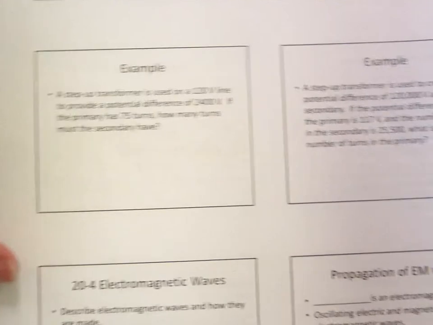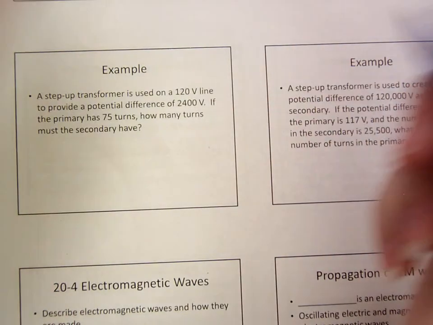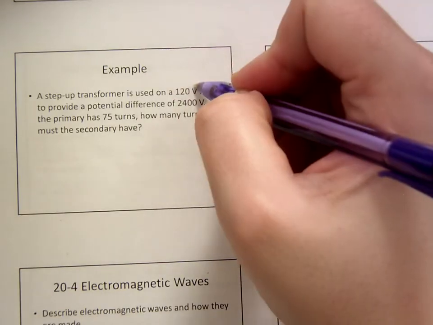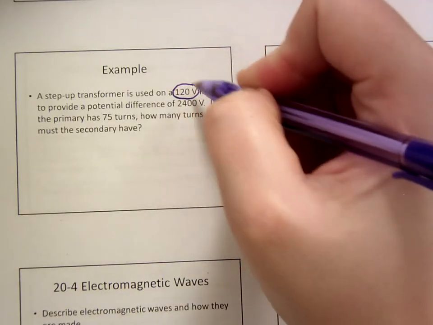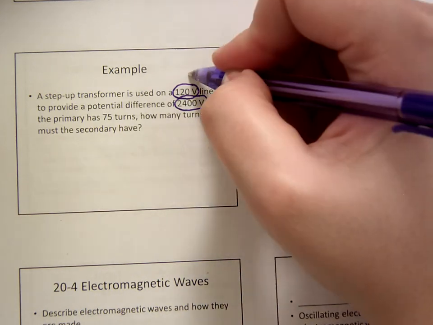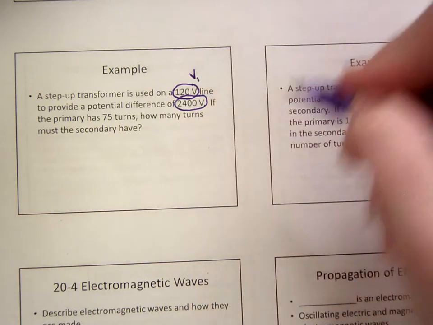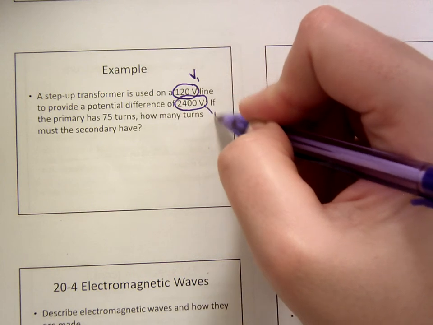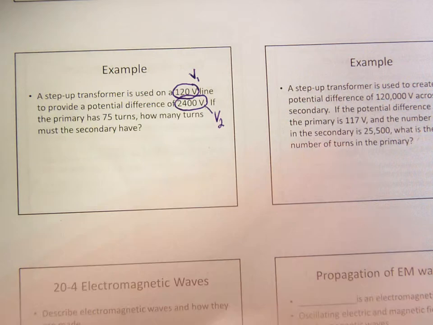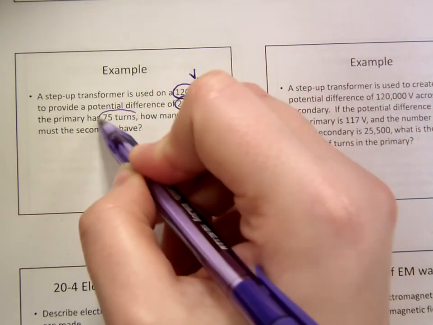So let's look at an example. A step-up transformer is used on a 120 volt line to provide a potential difference of 2400 volts. So my voltage started at 120, making that my primary, and ended at 2400 for my secondary. The primary has 75 turns.